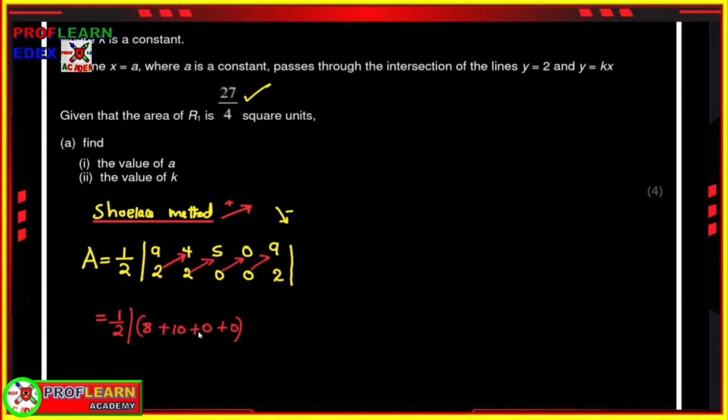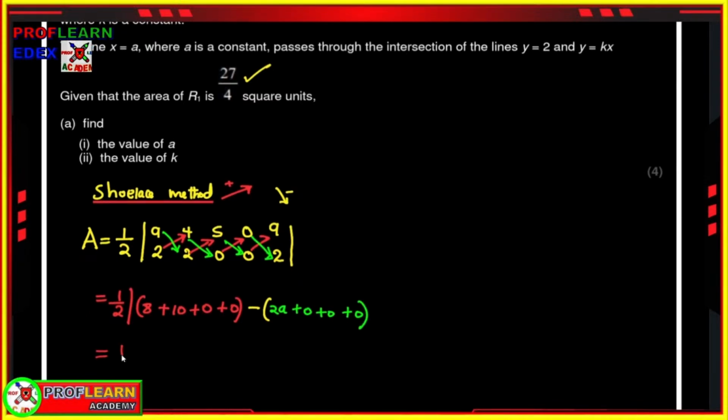Then now we are going to subtract. Yes, after that you subtract. It will be a times 2, which gives us 2a. 4 times 0 will give us plus 0. This will give us 0 and this will give us also 0. Then we close the bracket with the modular sign both sides.